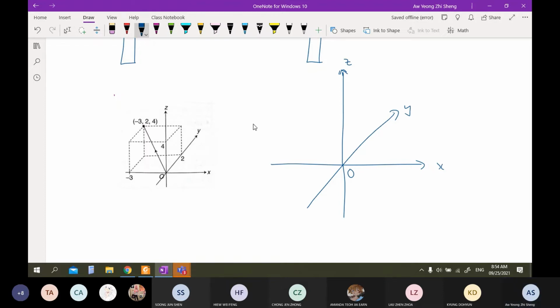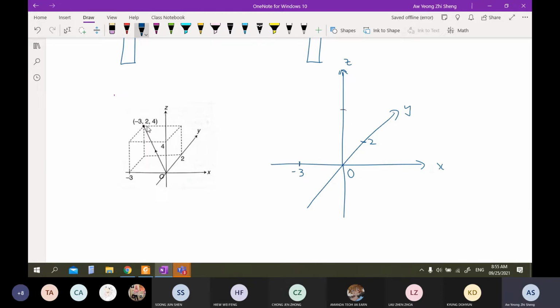In this diagram here, they measure 3 units to the left, then they also measure 2 units in the positive y direction, and they measure 4 units vertically up.